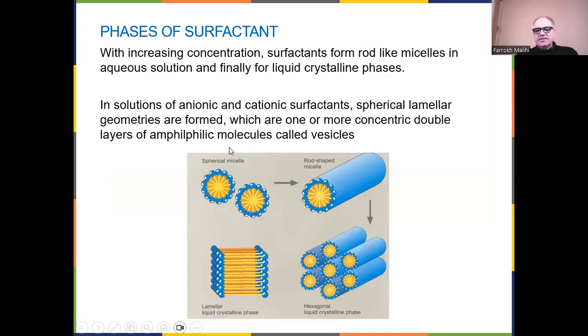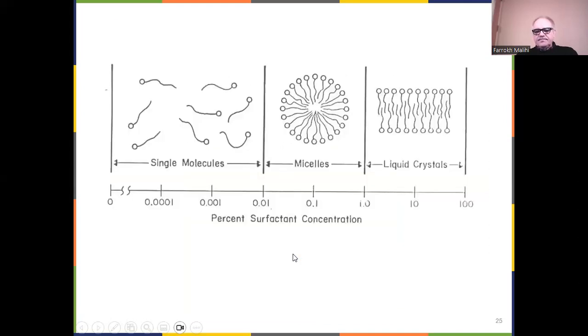Phases of surfactant: with increasing concentration, surfactants form rod-like structures. So we start by moving away from CMC, the critical micelle concentration. We initially create spherical micelles, then at higher concentrations, this can change to rod-shaped micelles or hexagonal or lamellar micelles.